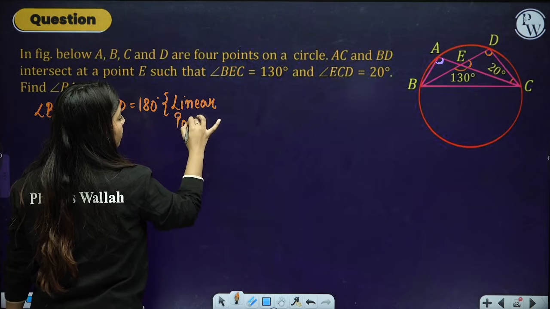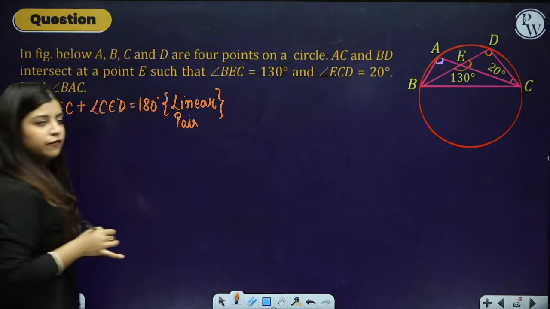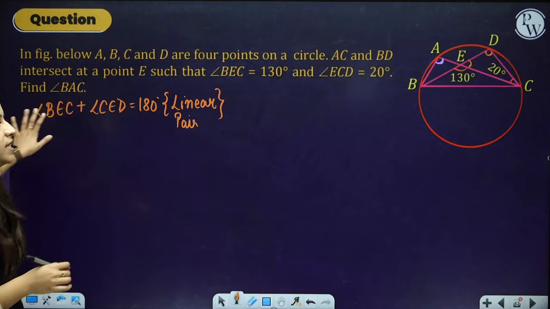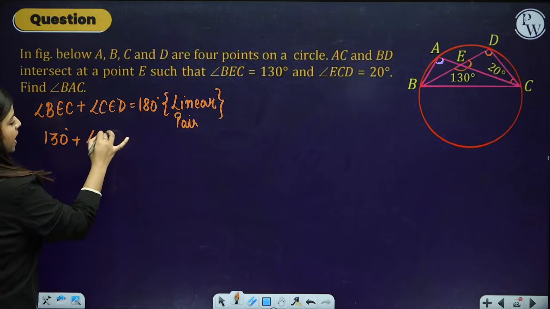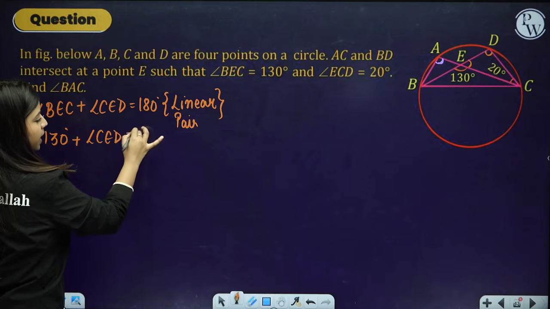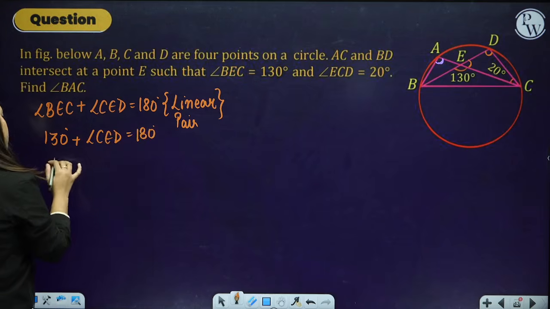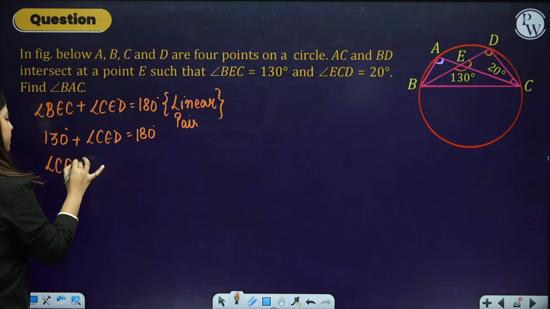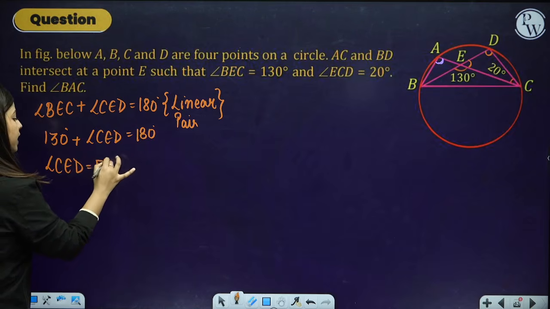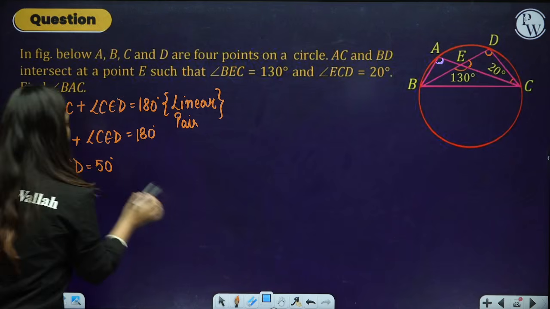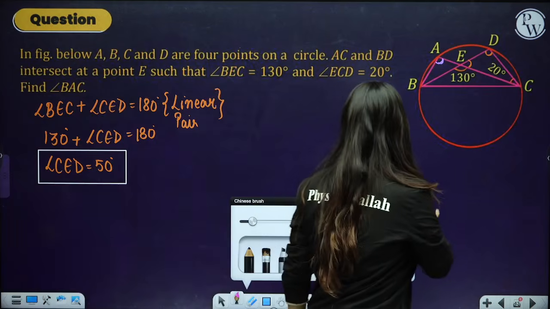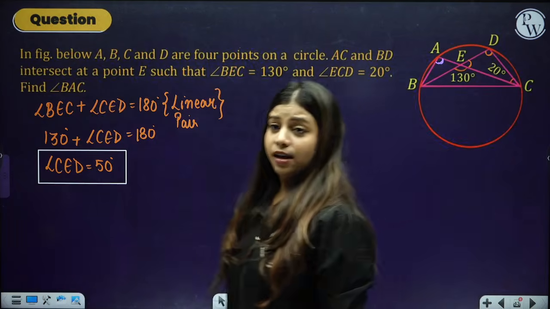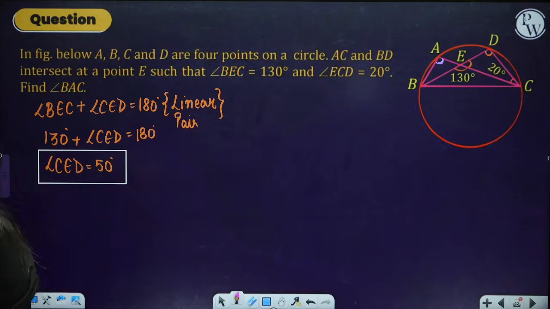So if BEC is given to you as 130 degrees, plus CED is unknown, equals 180 degrees. From here we can get angle CED as 50 degrees. So the very first thing that we have gotten in this question is that this angle, angle CED, is 50 degrees.